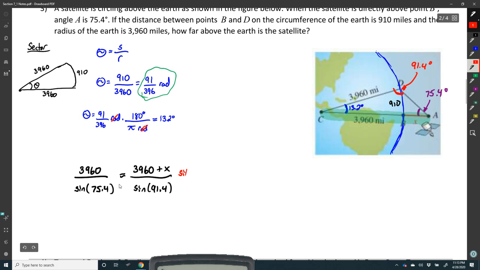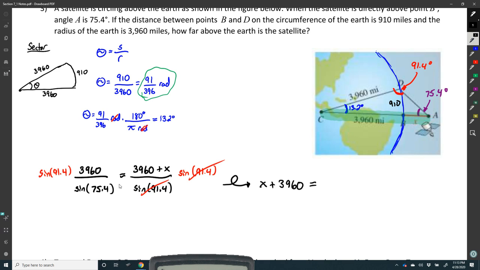Let me put this in red. So sine 91.4, sine 91.4, those cancel. I'm going to do a little flipperoo as I write it. I'm going to put the x first. X plus 3,960 is equal to sine of 91.4 times 3,960 over sine of 75.4.